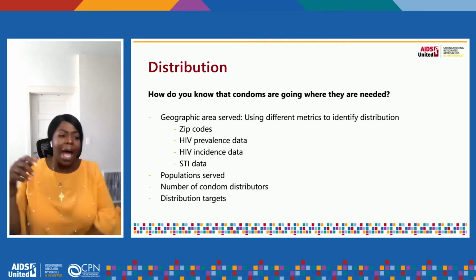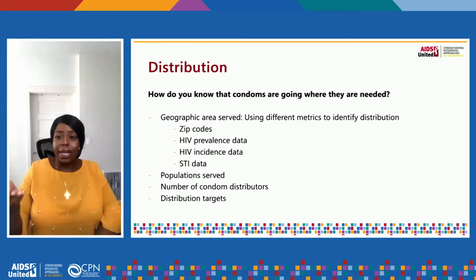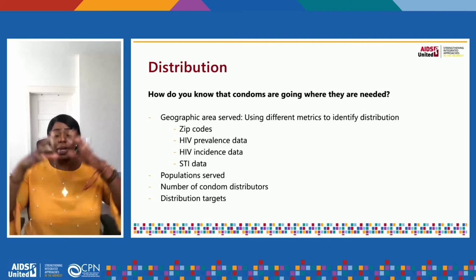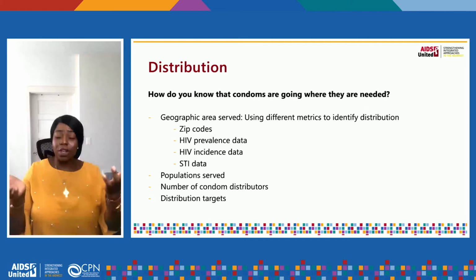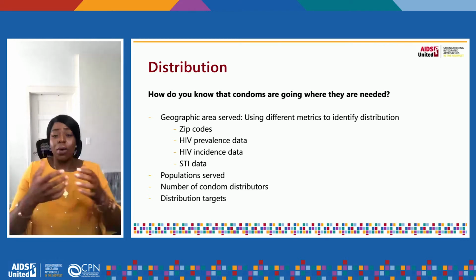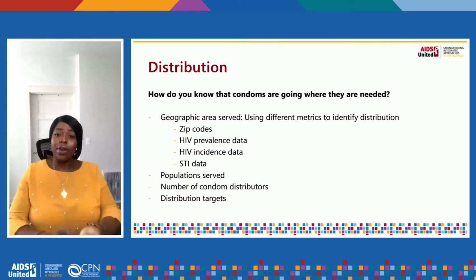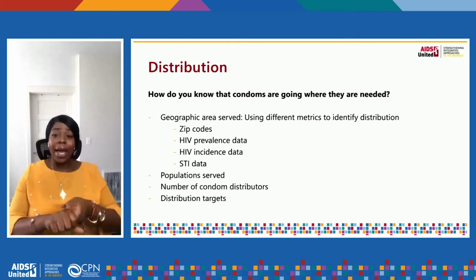How then can we know that the product is going where it is needed? How do we figure out who the communities are, where the communities are located, who is in those communities, and how to reach those communities? And so one of the questions that we really implore folks to ask themselves is, how many condom distributors do I have? Is that enough, or do I need to expand? Do I have target numbers?